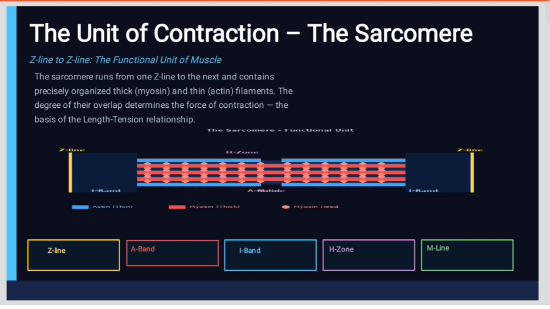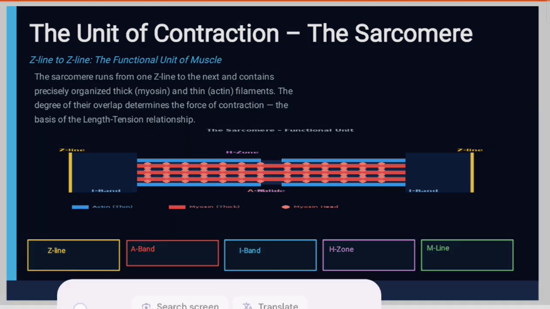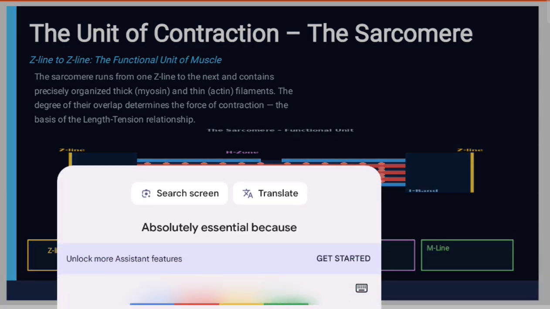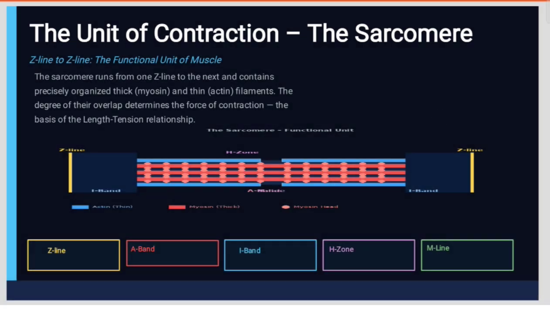It runs from one Z line to the next Z line. Understanding the sarcomere anatomy is absolutely essential because the exam will ask you which part shortens and which part stays the same and why.